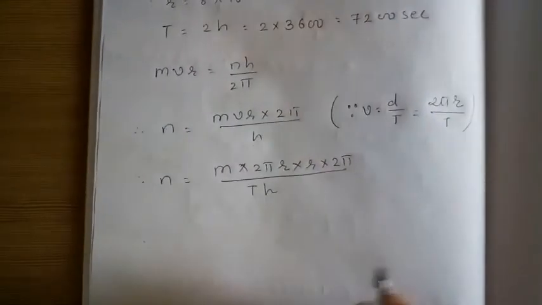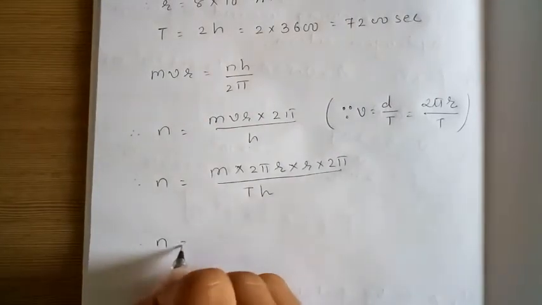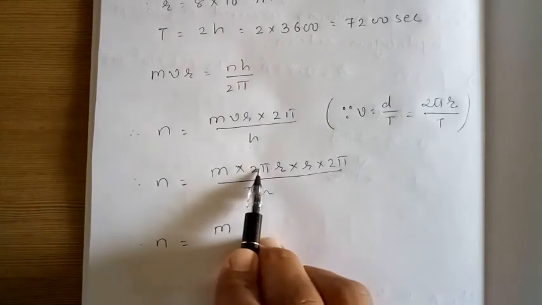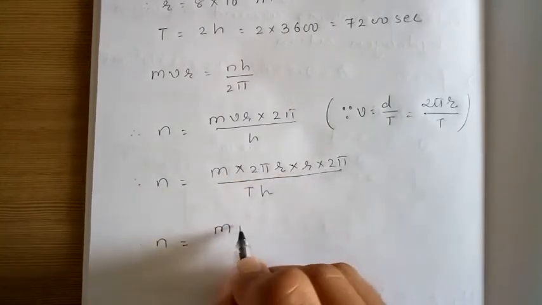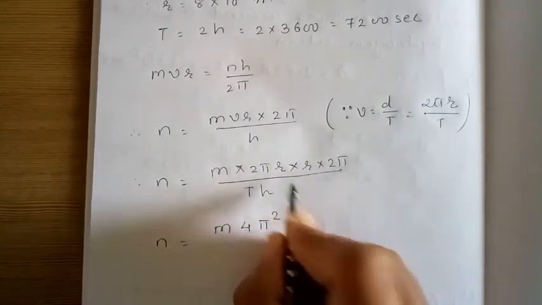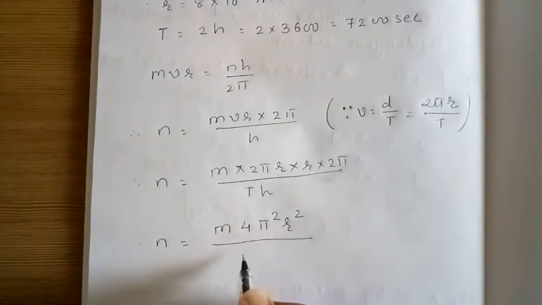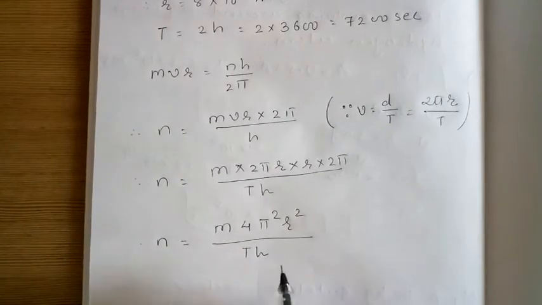So n is equal to m into 2 pi into 2 pi, so 4 pi square, r into r, that means r square, divided by t into h.